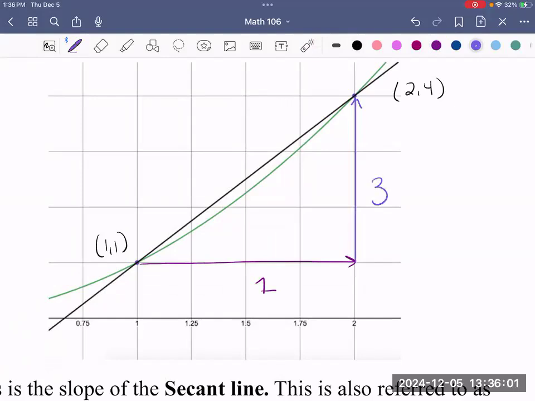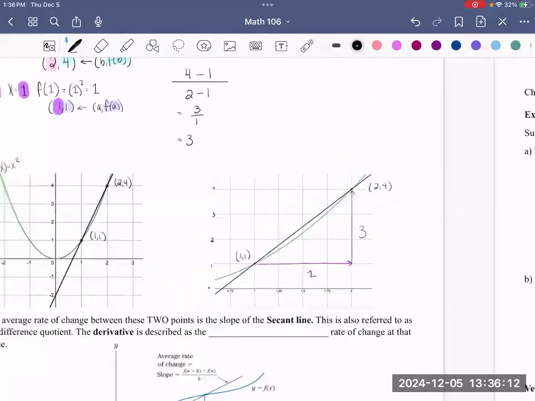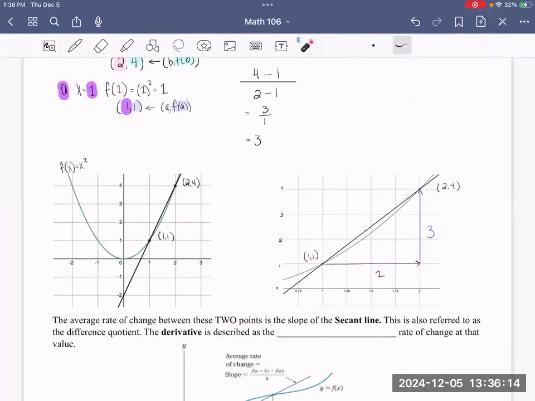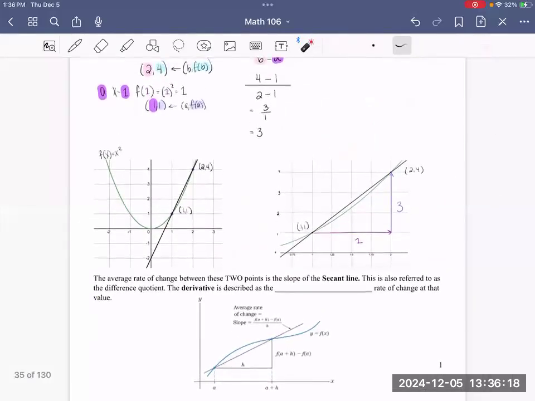So we'll go up 3 and over 1, given that this is 4, 3, 2, 1, and 0. So you can see that your average rate of change between these 2 points is about 3. Now, the average rate of change between these 2 points particularly is considered the secant line.